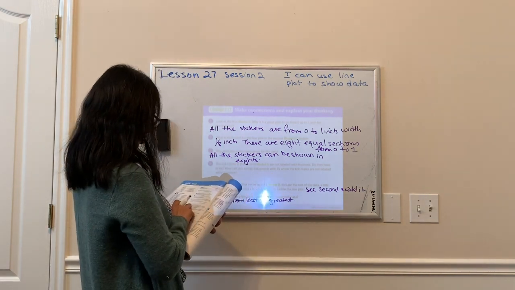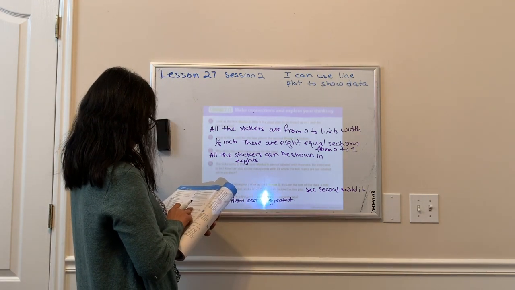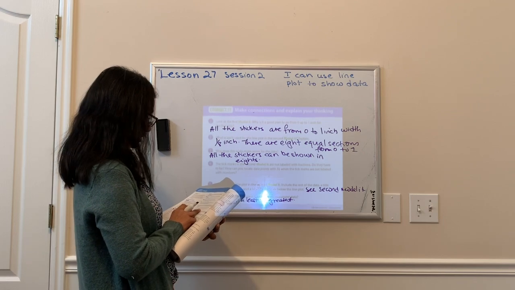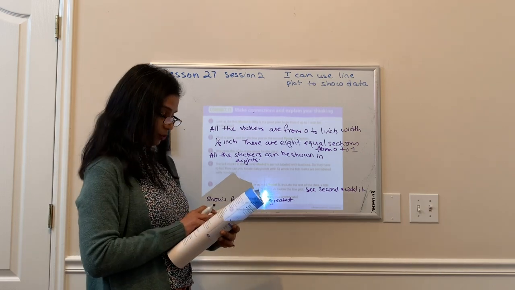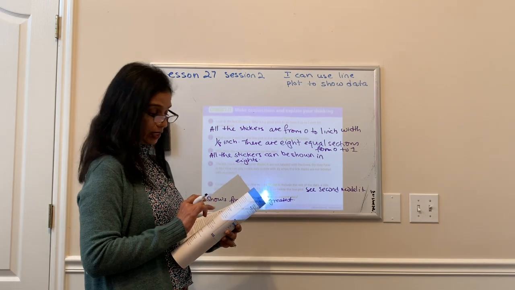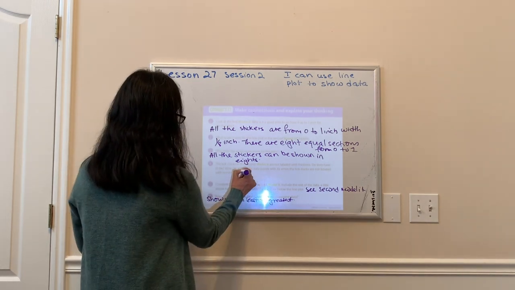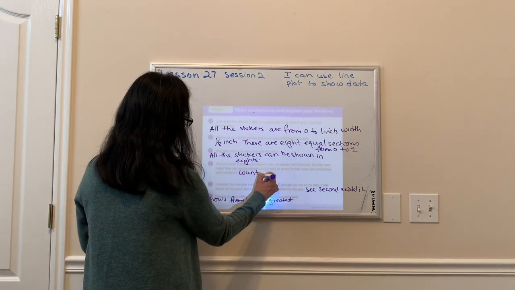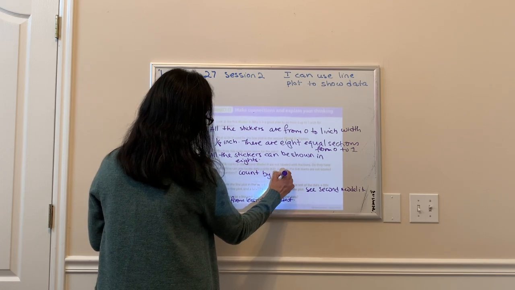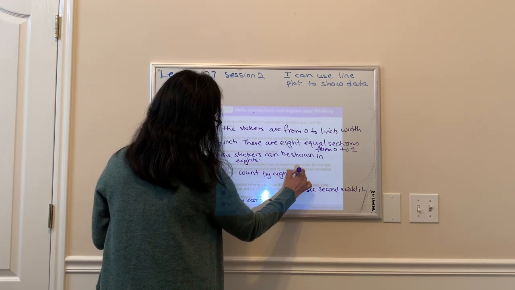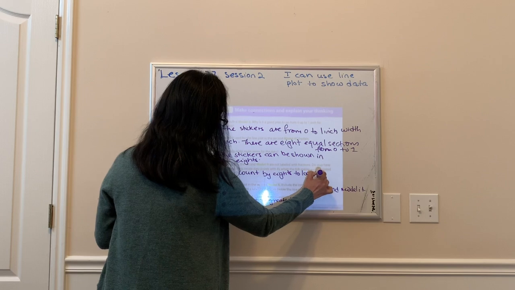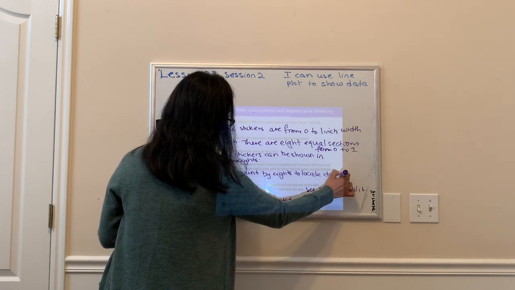Oh, and number 4, I didn't write that down, but I did say it. So you don't need to label all the tick marks for number 4. You can count the 8ths to locate the data points, all right? So just count by 8ths to locate data points.